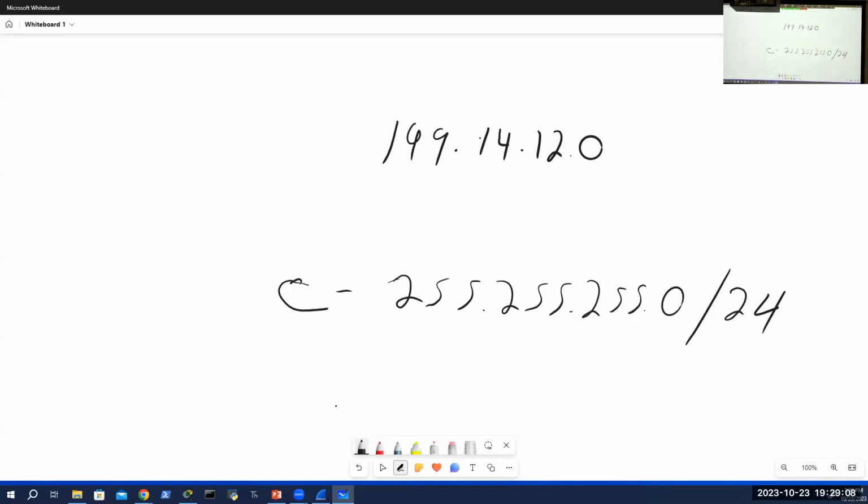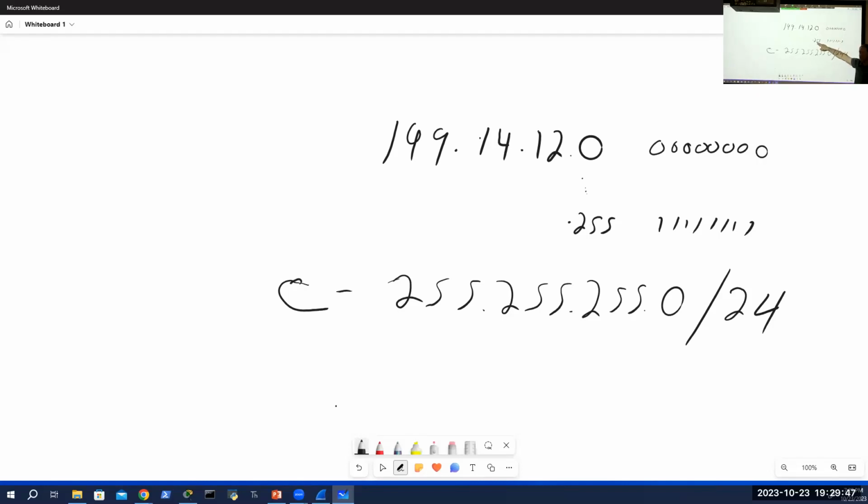In binary, the 0 value, of course, looks like this. And 255, which is the largest number we can have in that octet, is going to look like that. So these two addresses are excluded from being assigned to hosts because 12.0 is a valid IP number, but you can't assign it to a host because it's also the network ID. So you can't use the network ID.